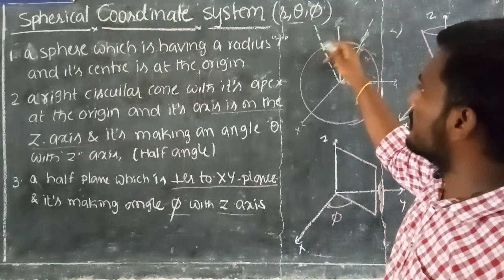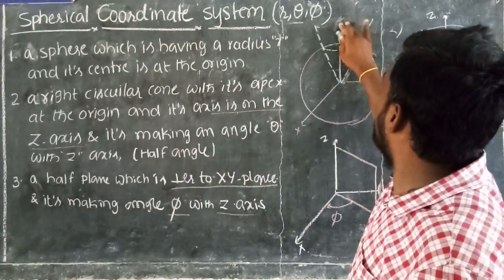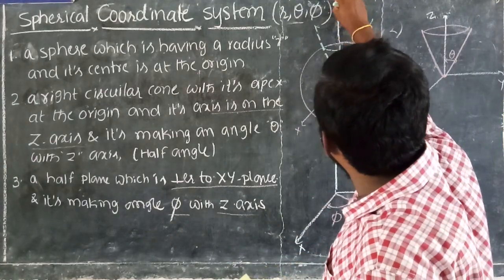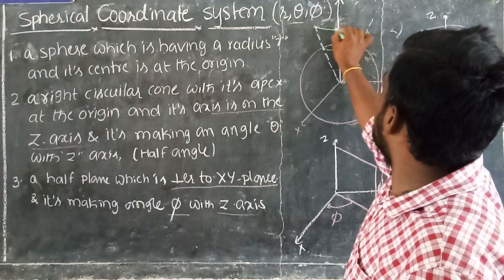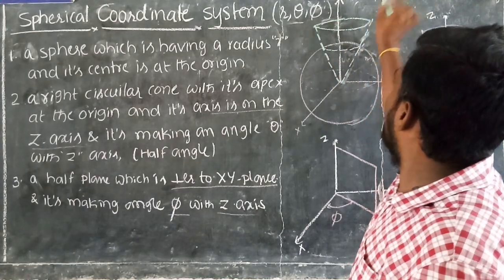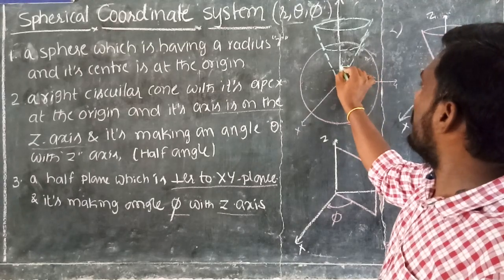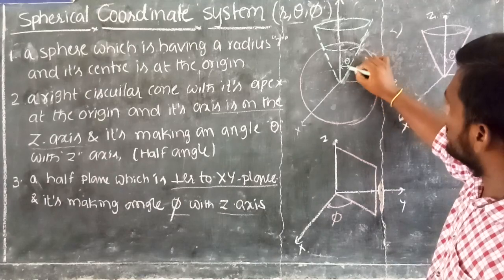As it is a sphere, it is a three-dimensional one. This is the z axis, and this is your pole. Okay. Now see what is the angle here? It is theta, the half angle. And what is this distance?